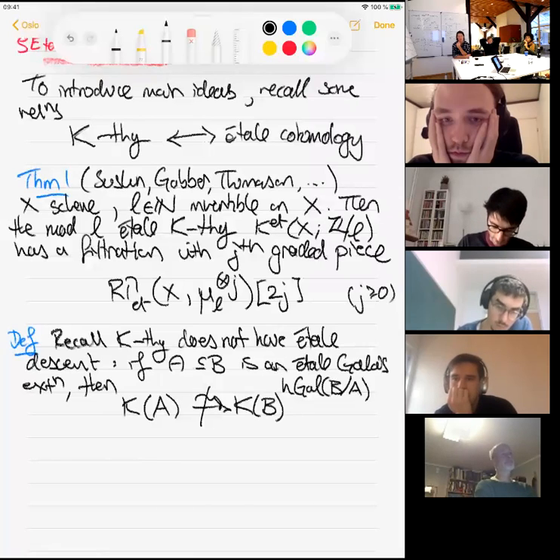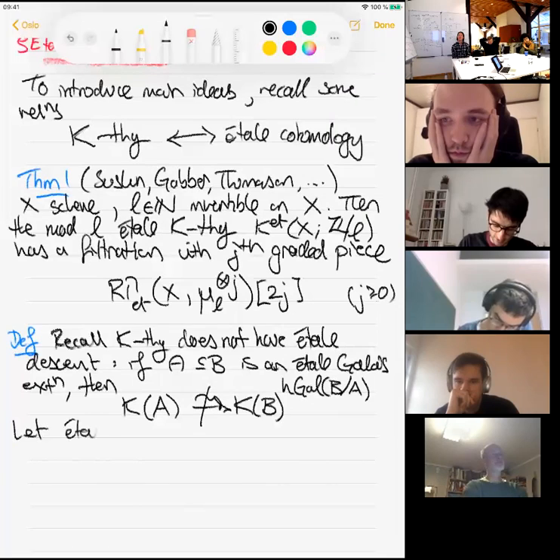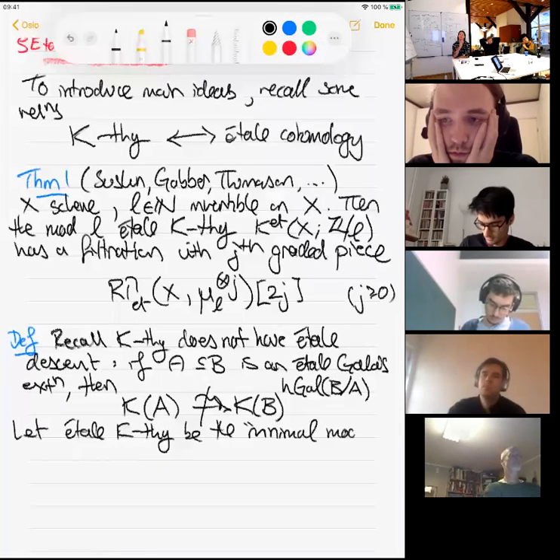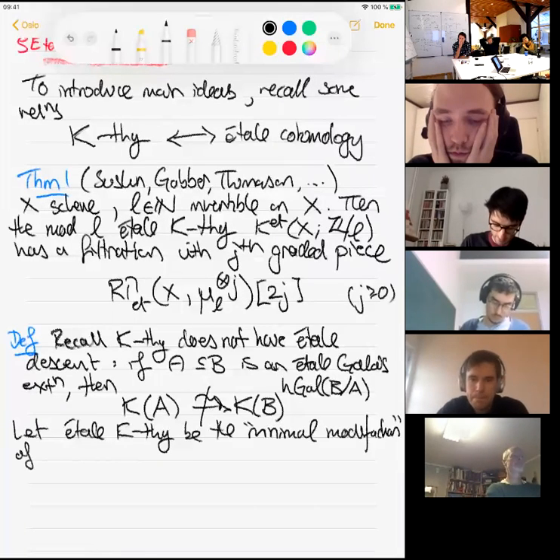So what one can do in a relatively naive fashion is we define étale K theory to be the minimal, this will be kind of imprecise, let me give an imprecise statement to start with, the minimal modification of K theory where this does hold.